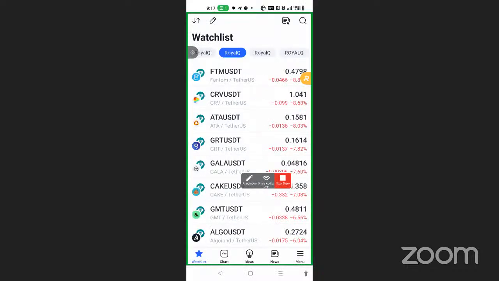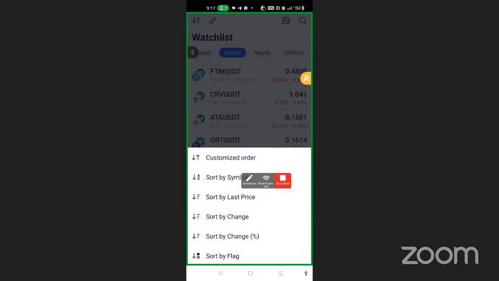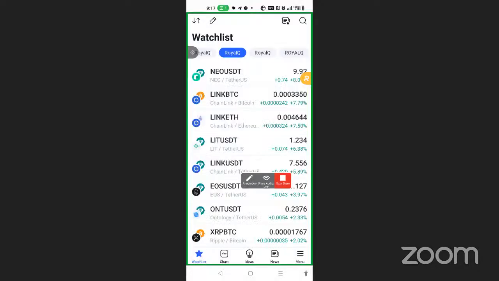When you tap on it, it arranges these coins from those performing best to those performing poorly. That will be the first step you need to do to learn to analyze the coins by yourself.